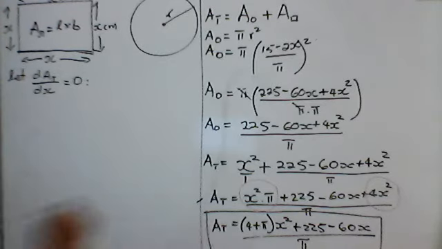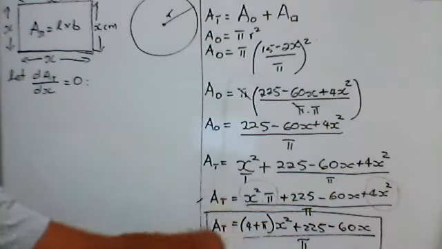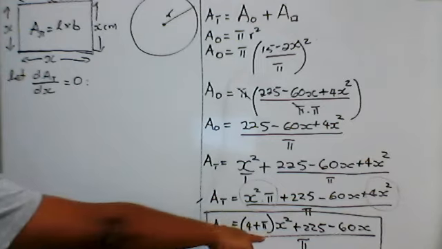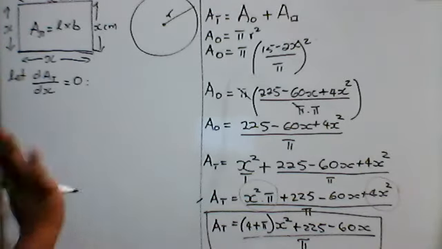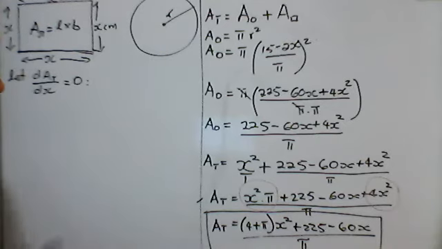So here what we had was that expression there. What I'm going to do, folks, is differentiate that. I can use the quotient rule with that, but I choose not to. It's just going to be too complicated. So what I'm going to do is divide all the terms by pi.